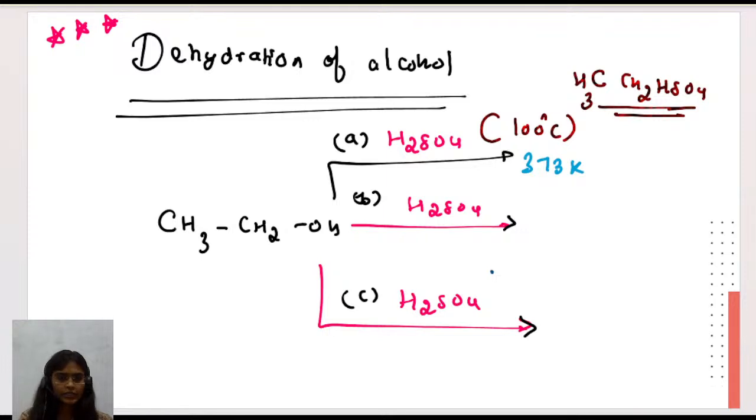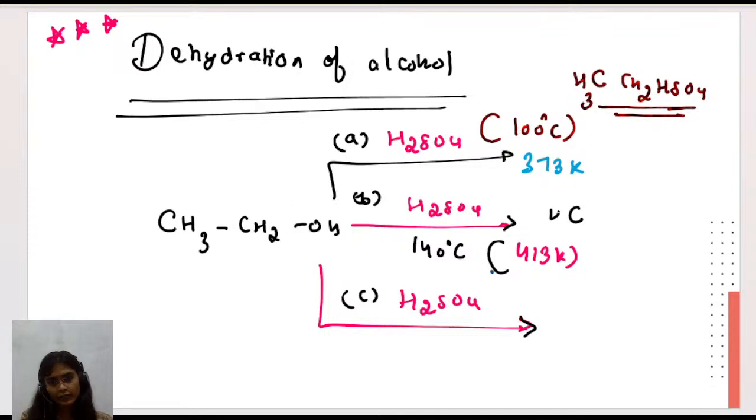Okay, the second condition, if I'm using 140 degrees Celsius as a temperature, according to the temperature it is going to be 413 Kelvin there. So the low temperature is not that high there. In this case, what is the second product we end up with?